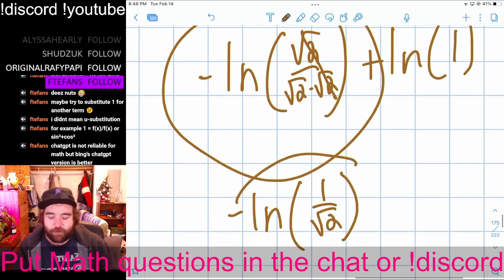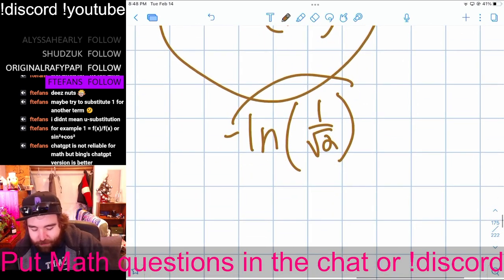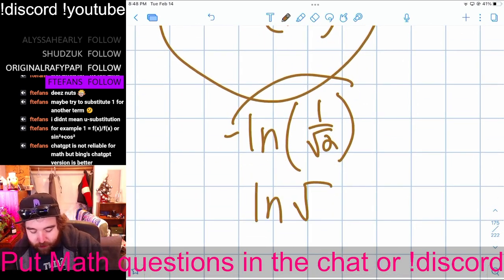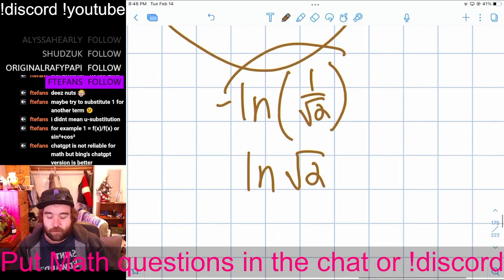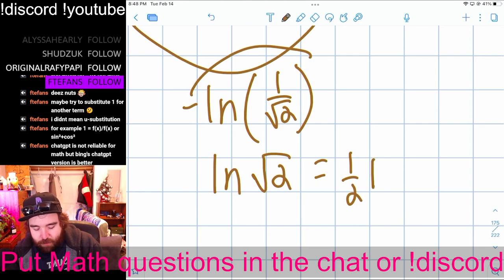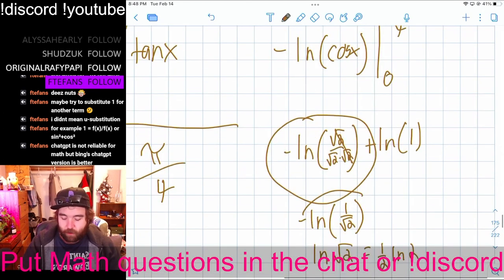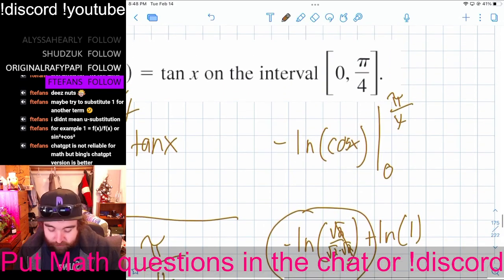With this negative, you can bring that to the exponent, and when you raise a fraction to a negative exponent, it flips it. So it's going to be the ln of root 2. Or maybe we would want to say 1/2 the ln of 2 if we bring that square root out there. And that's just a way nicer answer than it was before.